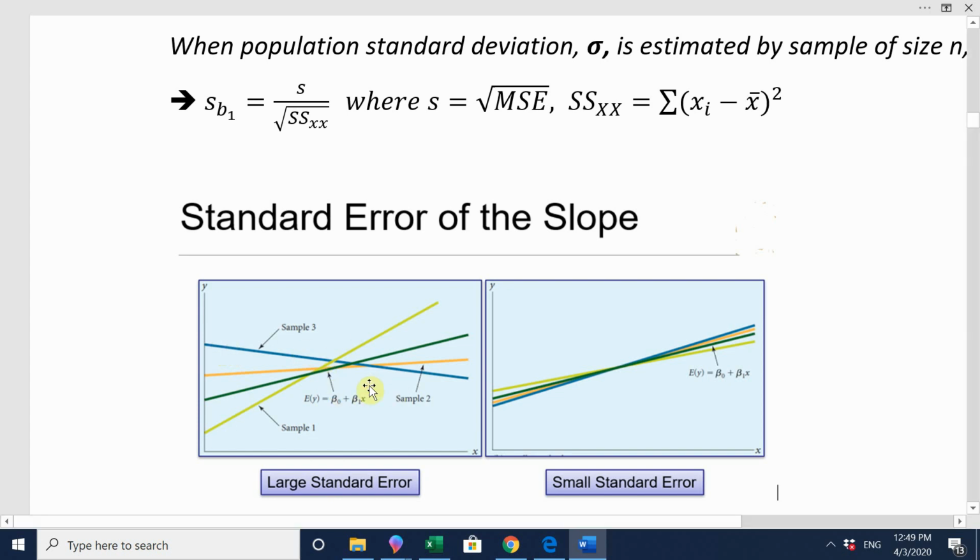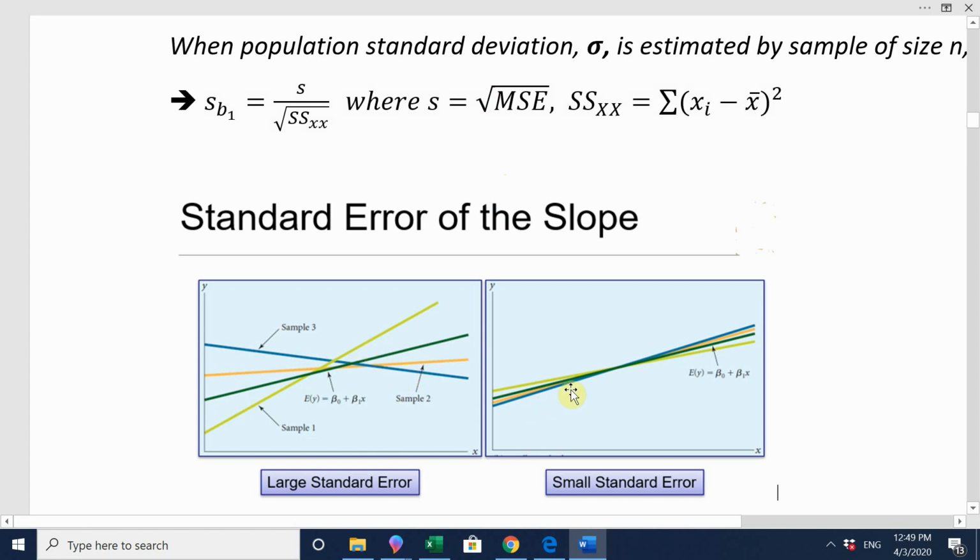So this is one scenario. In this case here, we're getting a large spread of the different sample lines, and that is because over here the standard error of the residuals is probably very large, hence giving this wide dispersion about the true regression line.